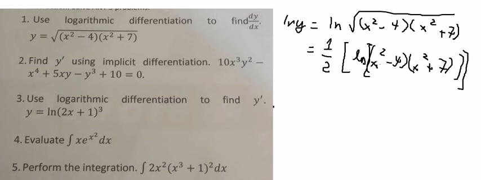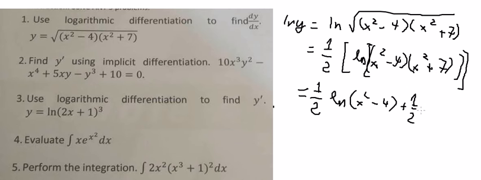So we have ln and we have two factors in here. We can put 1 over 2 multiplied with ln of s squared minus 4, and 1 over 2 ln of s squared plus 7.